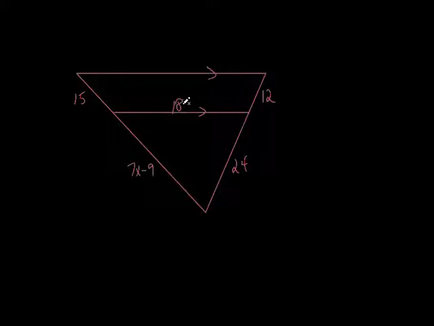1.8. I can't read. Let's put a little space in there. 1.8. That makes... Is that right? Oh, you know what? I think I put 1.8 in here, but I changed it because I don't think it was supposed to be 1.8. So I changed it to 18. Because look, if that's 15, there's no way that's 1.8.